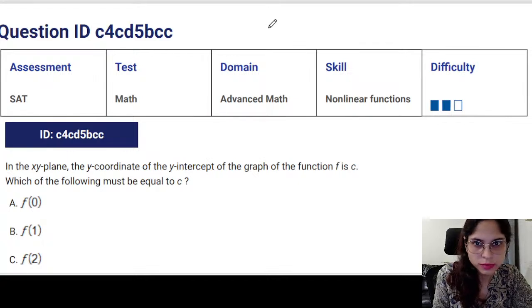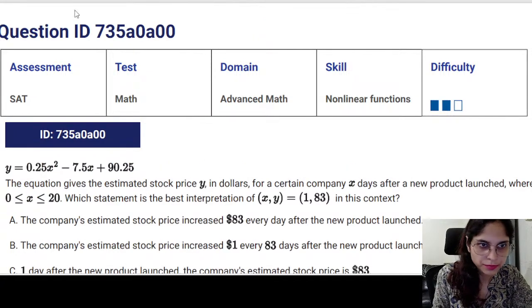And this is question number 47. This is quadratic, but this is medium quadratics, not easy quadratics.